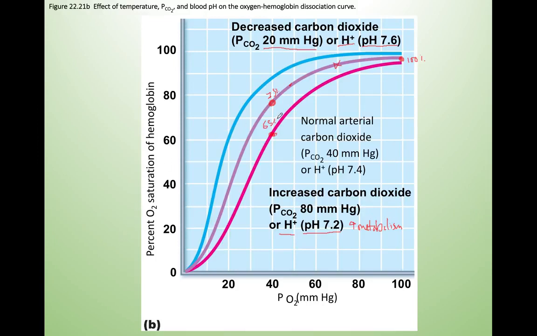Under normal condition, saturation in the tissue would be about 75%, but under alkaline condition or low CO2, notice right here, your percentage saturation would be about 88%, which means you are holding tightly to that oxygen. Your hemoglobin has a really high affinity for oxygen. It's not going to let it go.